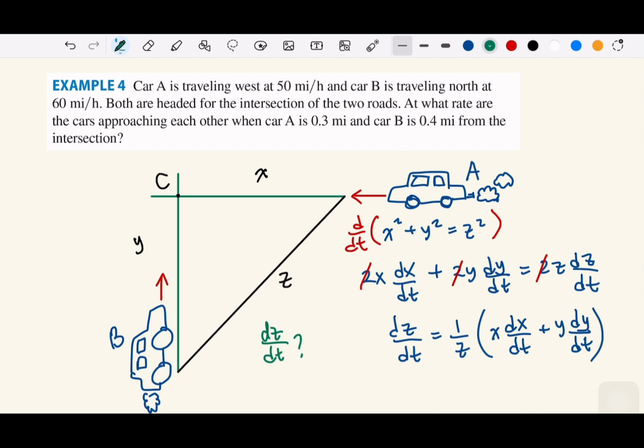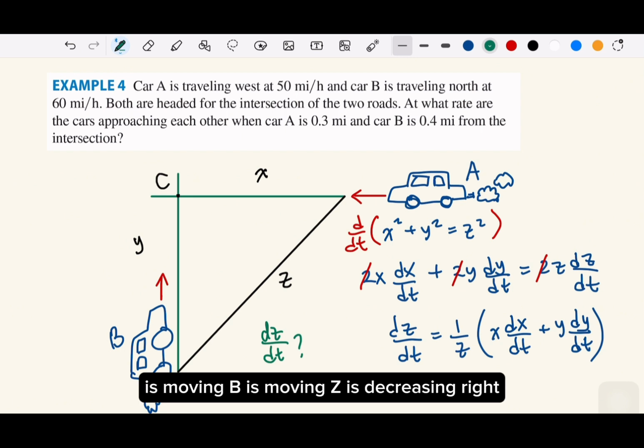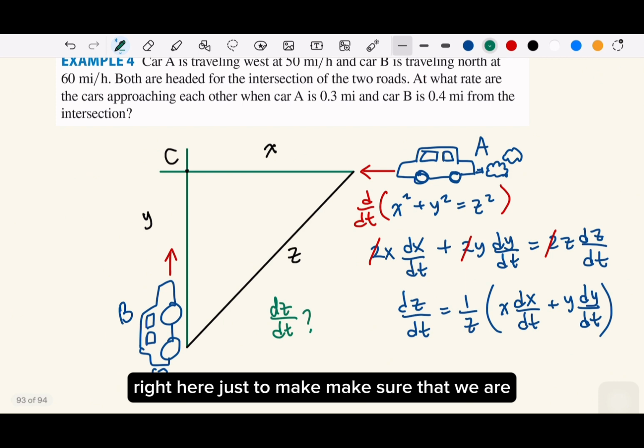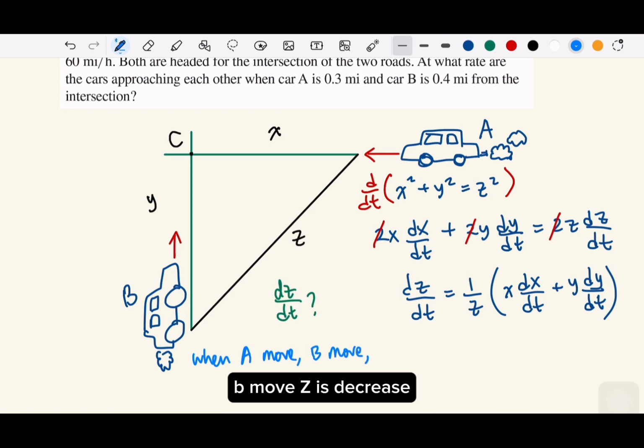Because when A is moving, B is moving, z is decreasing, right? Let me write here just to make sure that we understand. So when A moves, B moves, z is decreasing.